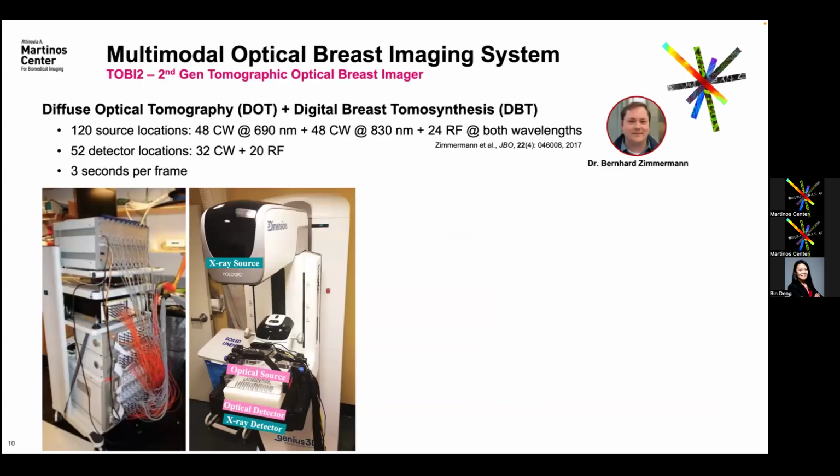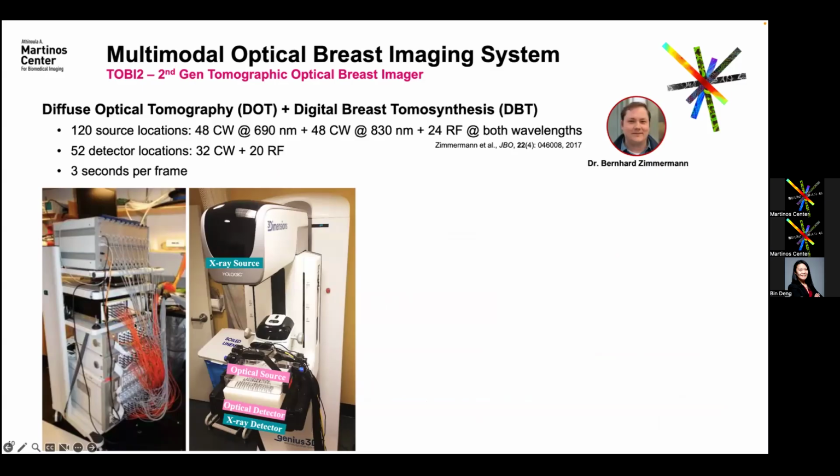So we have engineered this tomographic optical breast imaging system we call TOBI2, and it is a hybrid system. It combines the optical imaging part with the clinical digital breast tomosynthesis, which is X-ray mammography.